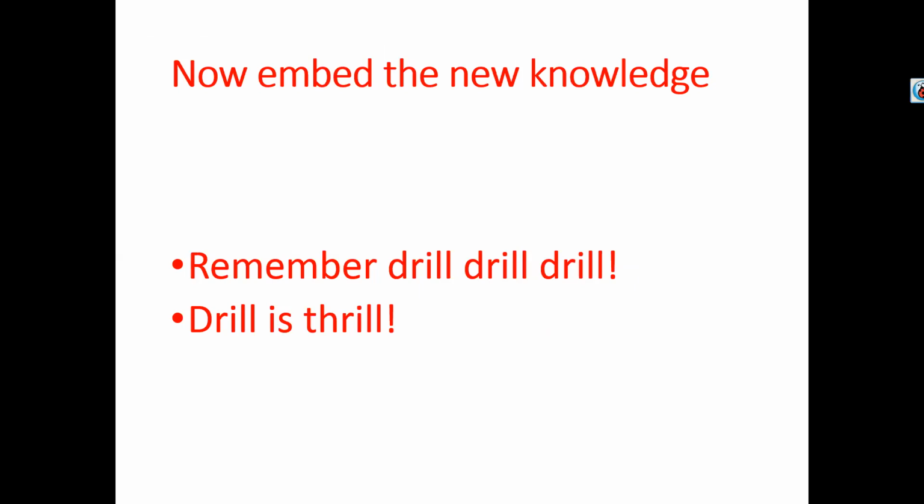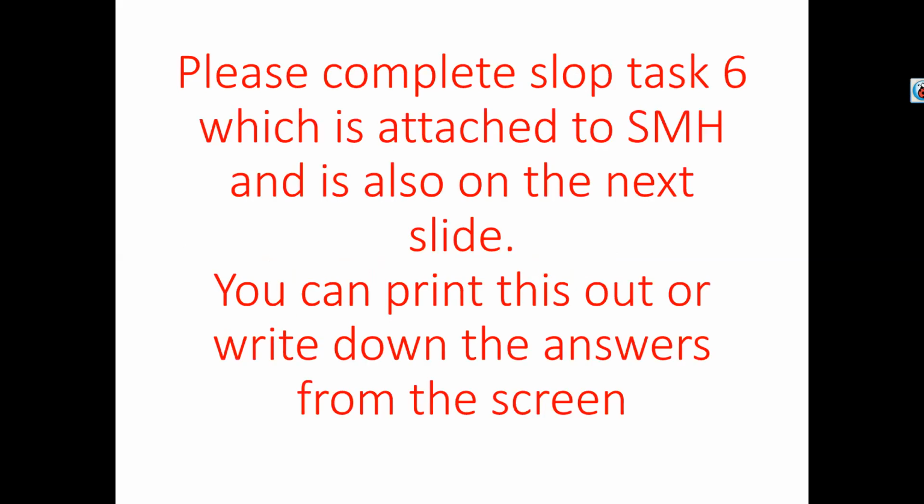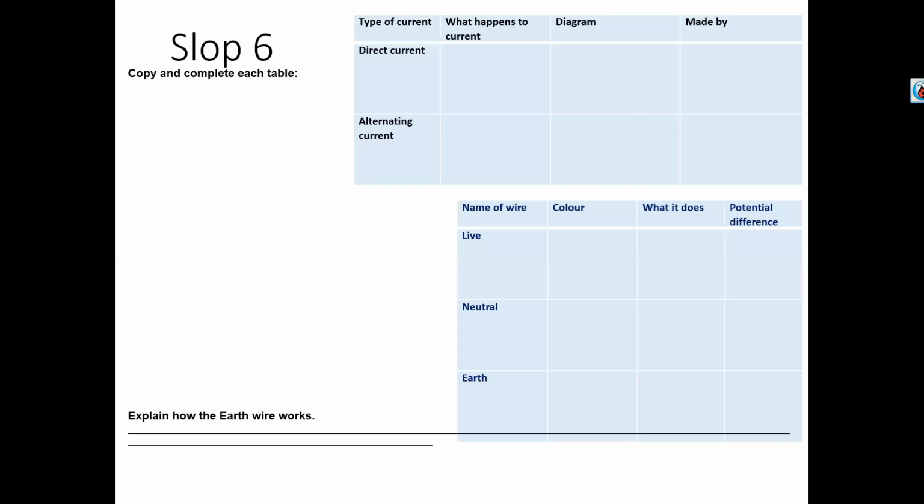So we've had a look at the new pieces of information. So now it's time, once you've spent some time actually embedding it and drilling on it, to apply the knowledge and see what you can recall. So SLOP Task 6 is attached to Show My Homework if you want to access it there. Otherwise, it's on the next slide. So have a go.